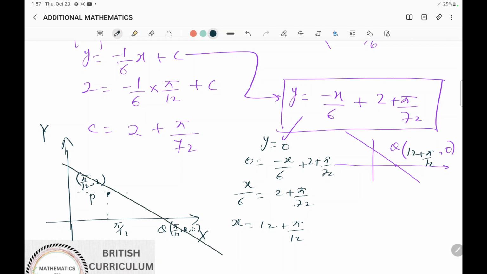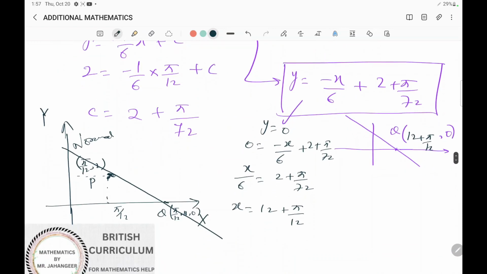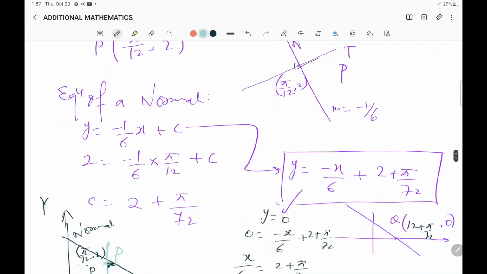So it is our normal. Now what's the question? x equals pi by 12 meets the x-axis at the point R. So x equals pi by 12 will be this line. So this is P. Okay, this is R.